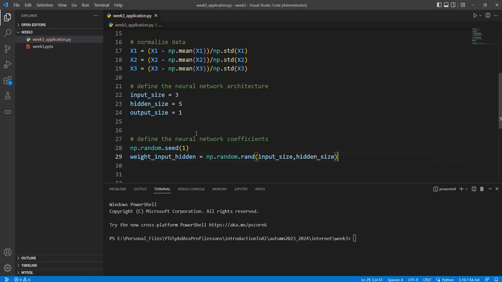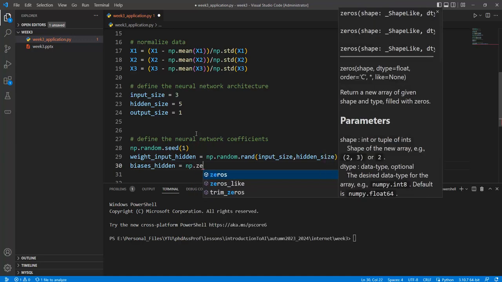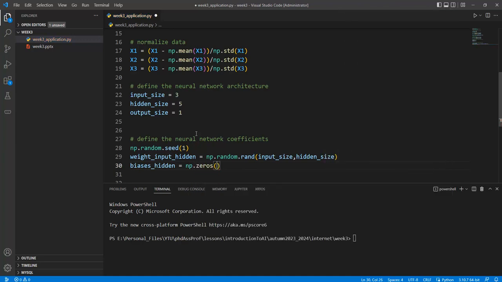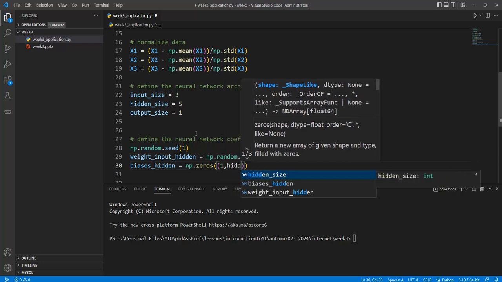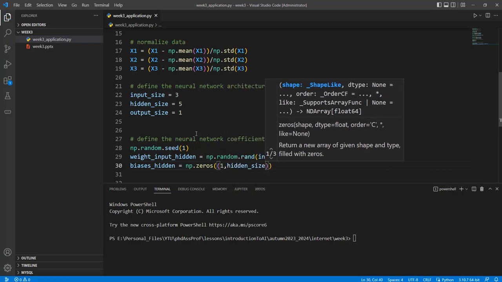This is the matrix. And so we should add the hidden biases like this one, np.zeros. This is just a vector, 1 and hidden size. This is a vector, 1 and column values, okay?